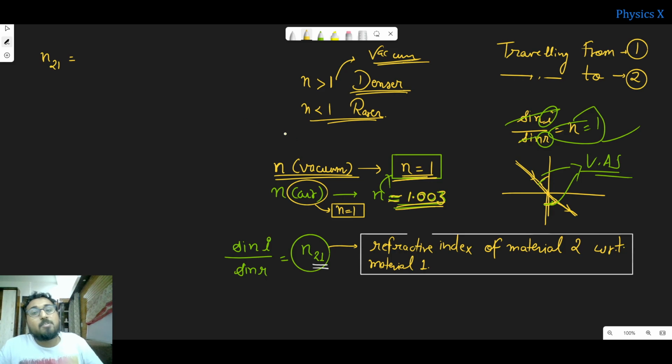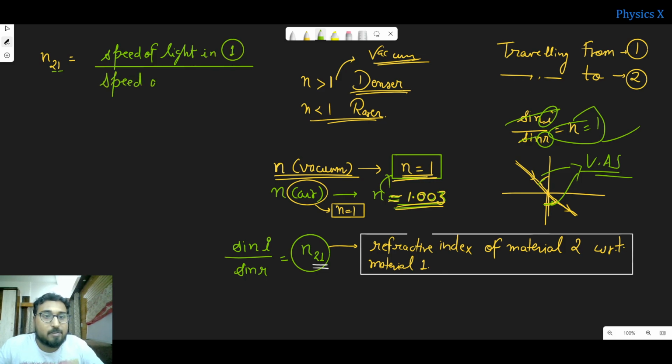So denser and rarer nature is inversely proportional to the speed of light. If I see this in terms of the speed of light, the refractive index of 2 with respect to 1 is the speed of light in 1 divided by the speed of light in 2.